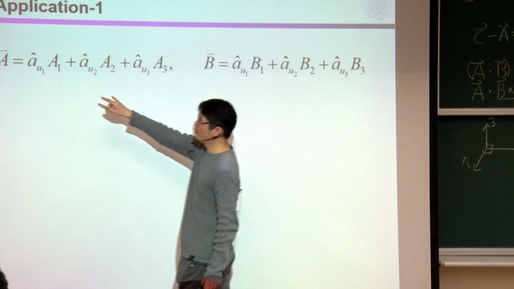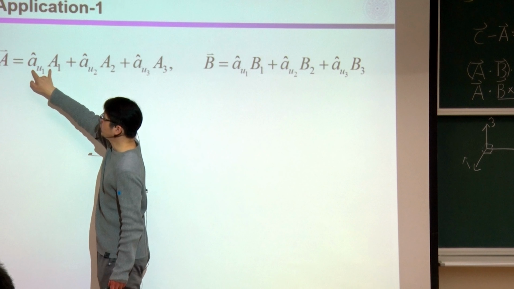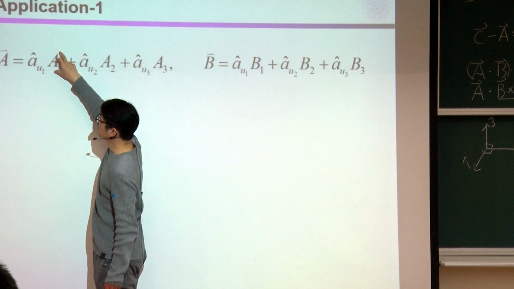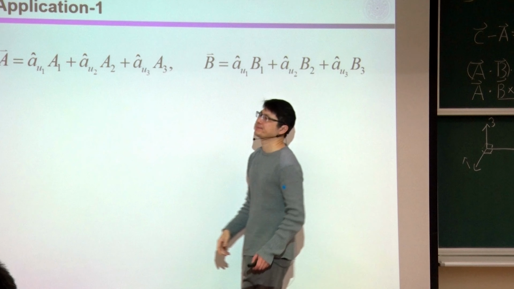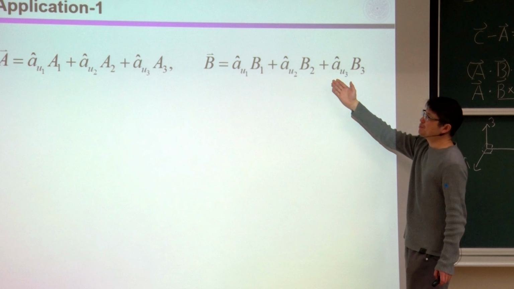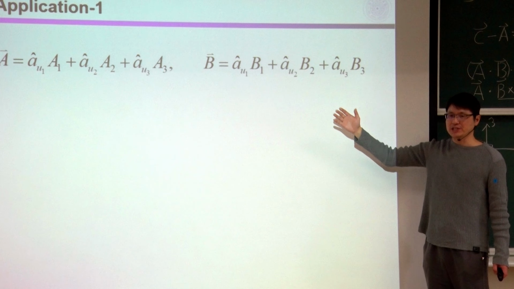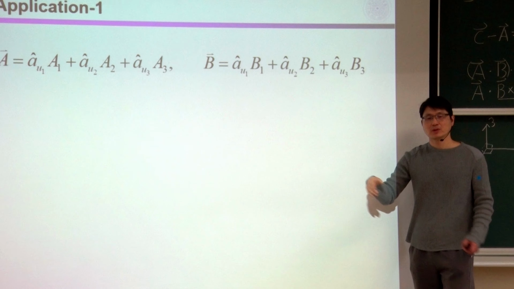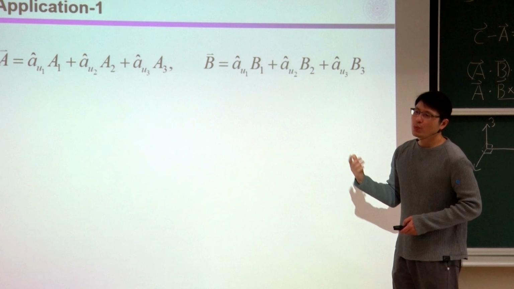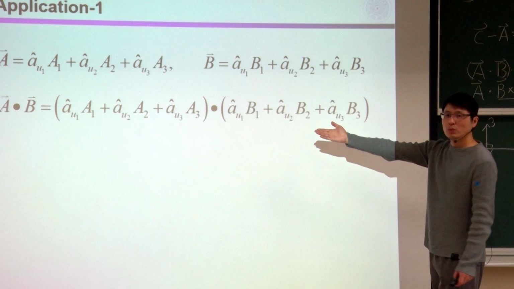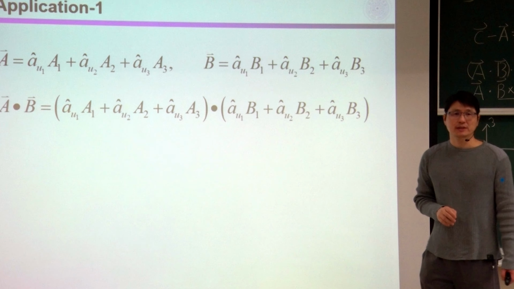Okay? So you have three components, each telling you its magnitude in what direction. Okay? So A and B are both now expressed in some form within some orthogonal coordinate system. So what are the benefits? What if I ask you to perform dot product?